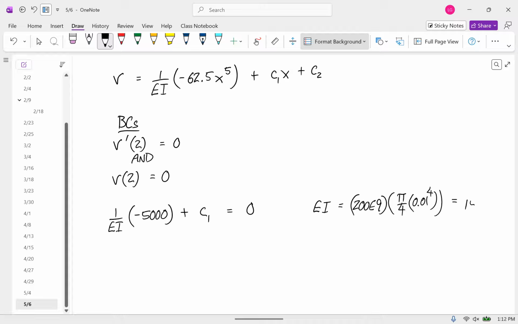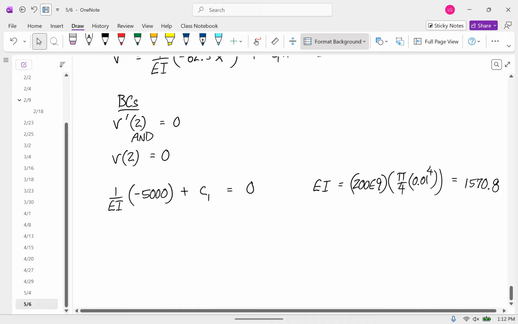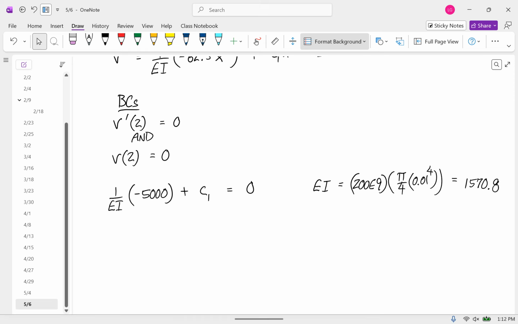And this is 1570.8. The higher that value is, the more this resists flexing, the stiffer it is.